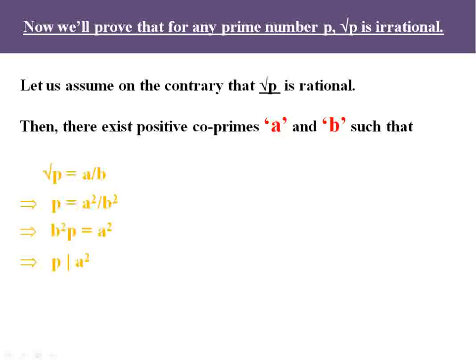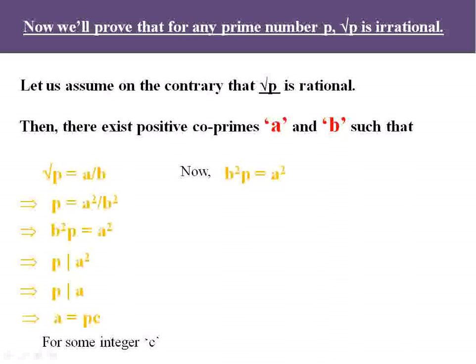So this means that p completely divides a square. And using the fundamental theorem of arithmetic, we can prove that p completely divides a as well. This again means that a is equal to pc for some integer c. Now b square p is equal to a square. So b square p is equal to p square into c square. This means that p completely divides b square.